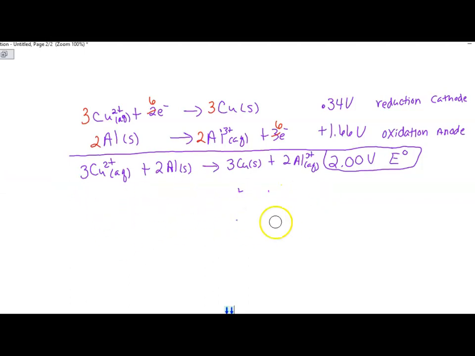Do you see where the aluminum ions are? The aluminum ions are located on the product side. According to Le Chatelier's principle, if you increase on the product side, it's going to cause it to shift this direction. So if I increase the product, I'm going to see the voltage go down because the reaction is going to shift more that direction. So increasing the product is going to lower the voltage.